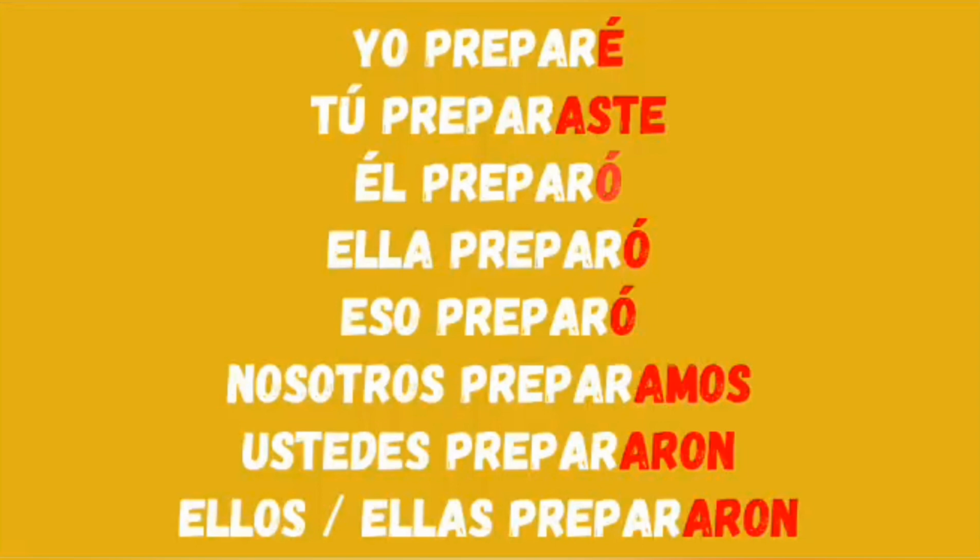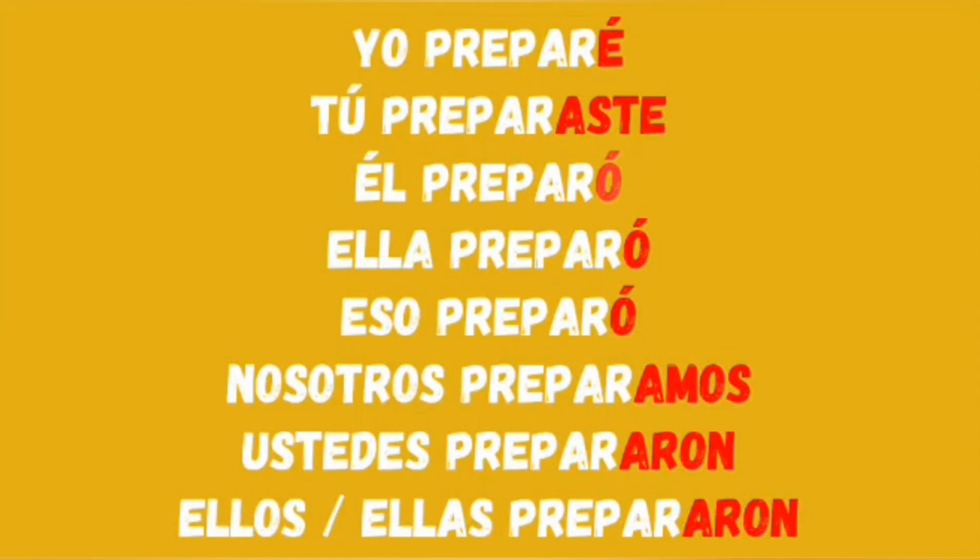Now, if you want to say you prepared in the plural form, then you have to say ustedes prepararon, in the indefinite past. Now, if you want to say they prepared, you have to say ellos prepararon if you're talking about a group of boys, or ellas prepararon if you are talking about a group of girls.